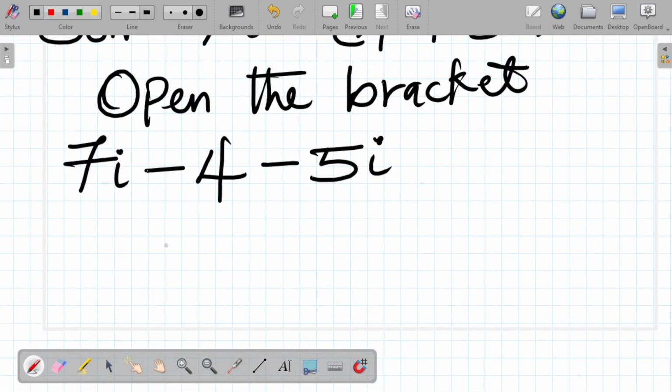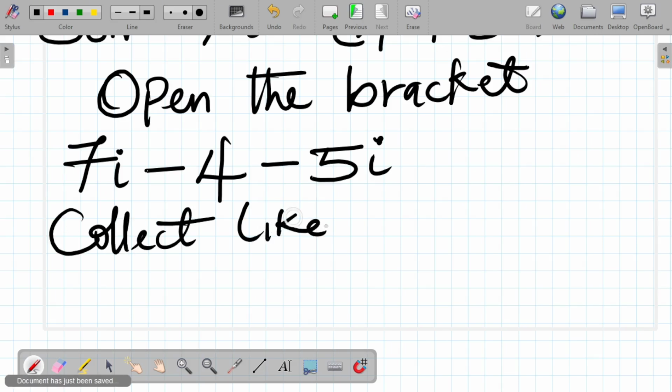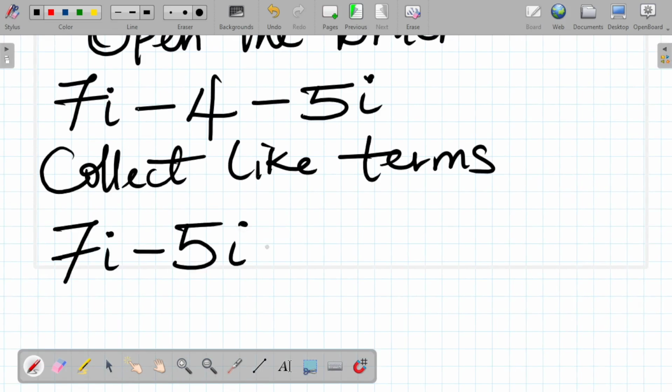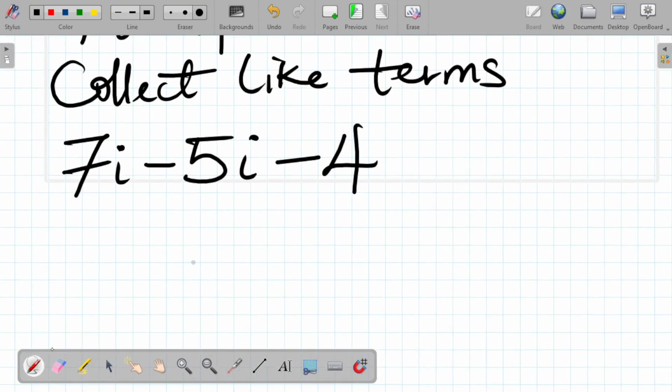Alright, so our next task is to collect like terms. So if we collect like terms, we will have 7i minus 5i and then minus 4. 7 minus 5 is 2, so we have 2i minus 4.